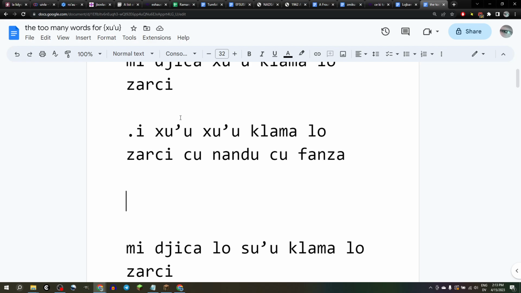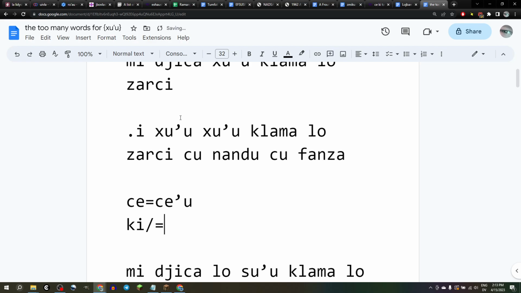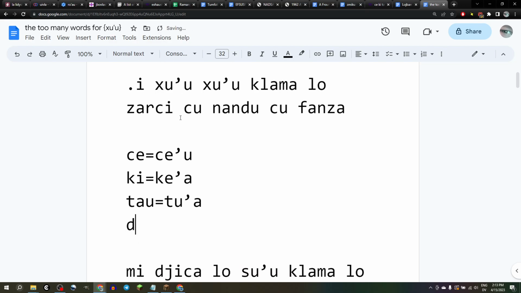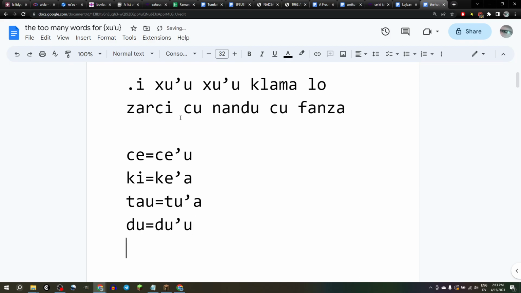I was like no. So this is in a context where lots of people were saying "she" for shahu, "ki" for kaha, "tau" for tuha, and etc. At the time, "do" was often used for "duhu." You don't see some of these so much anymore, but at the time this was very much the style.